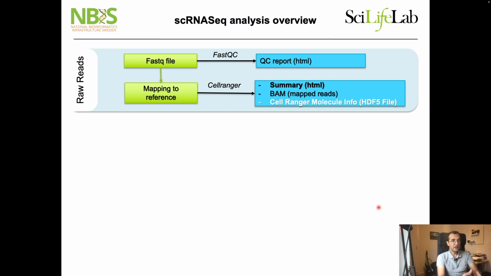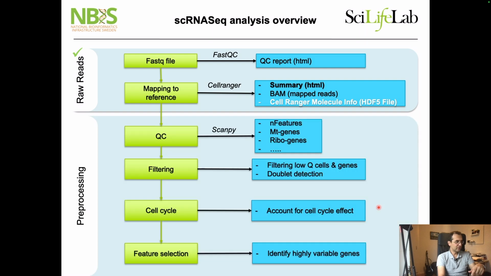We will look into that, and a BAM file, which is a binary file of the mapped reads, and the CellRanger molecular info file, which is an HDF5 file, and that's what you load in with scMPy. The raw read step, you do not need to worry about that. It's already done, and what you get is the HDF5 files.